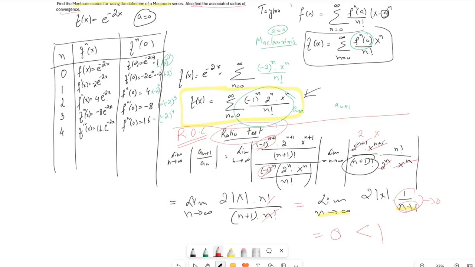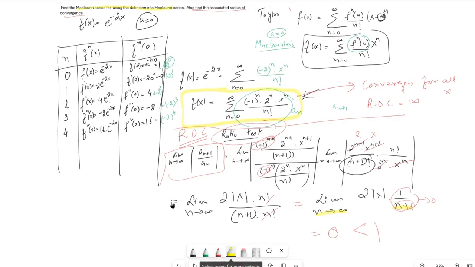Because we were using the ratio test and that limit is always less than 1, our series converges for all x. That means the radius of convergence is equal to infinity.